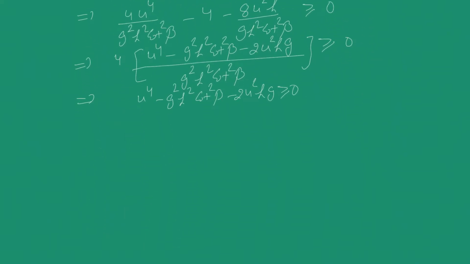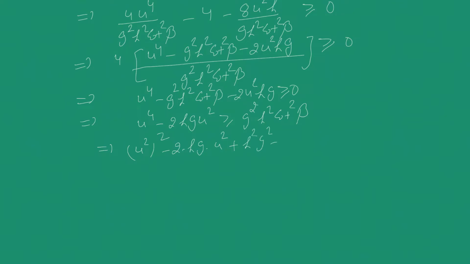Now we further see, this implies that u to the power 4 minus 2 h g u square is greater than or equal to g square h square cot square beta. Now I will try to make it a perfect square: minus 2 h g u square, so I should be adding h square g square and subtracting h square g square.